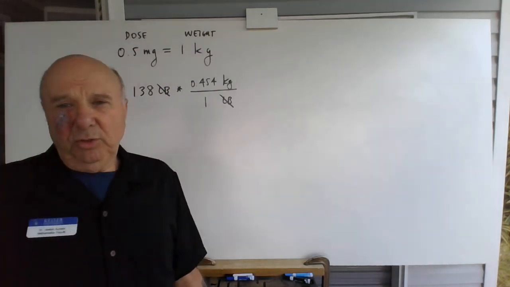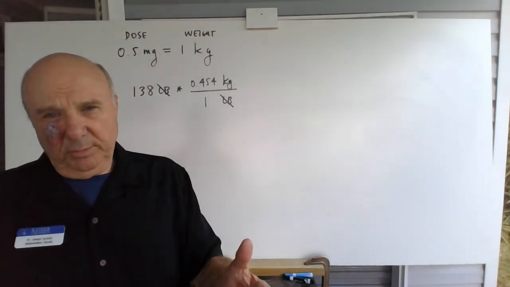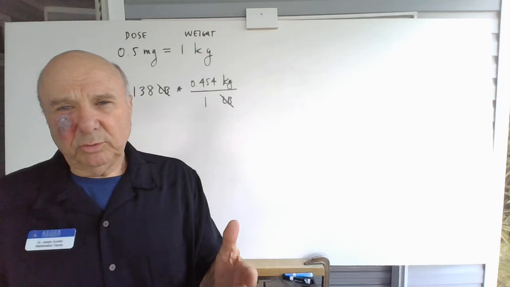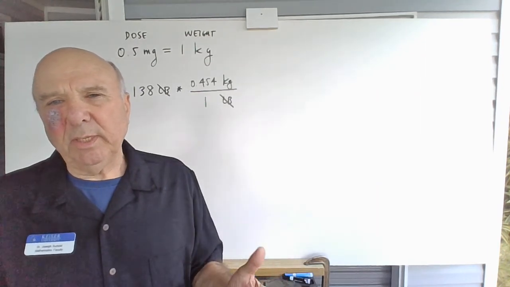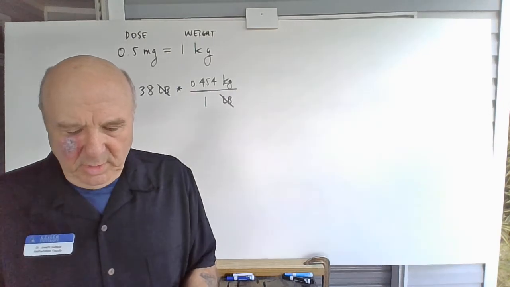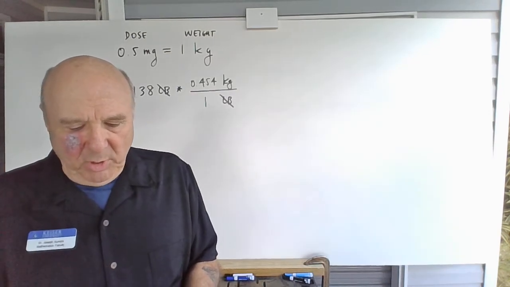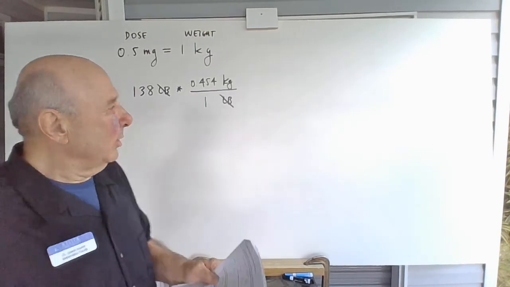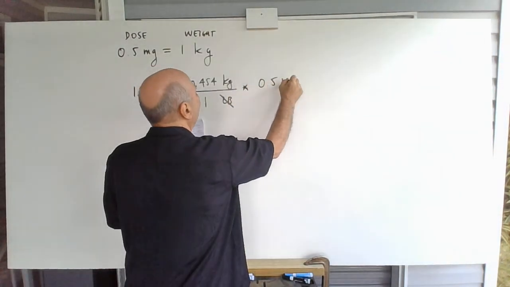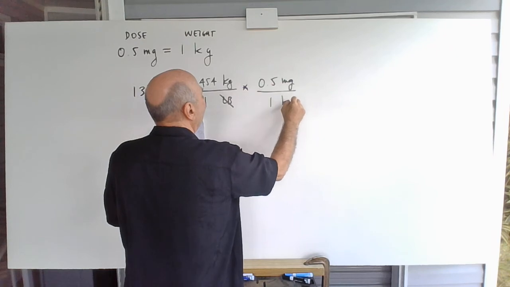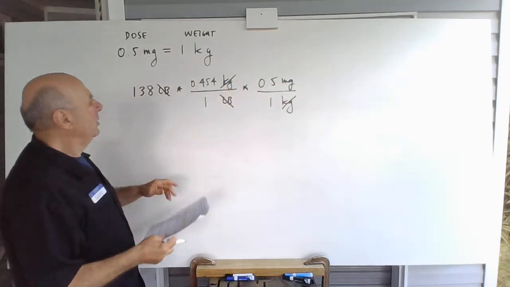Now you can do the math in 2 steps, or I like to do it in 1 step. That way I round off at the end, and I don't have a round-off in the middle to deal with. So the next part says how many milligrams of the medication. So that's 0.5 milligrams per kilogram. So the kilograms cancel. So it's a multiplication.